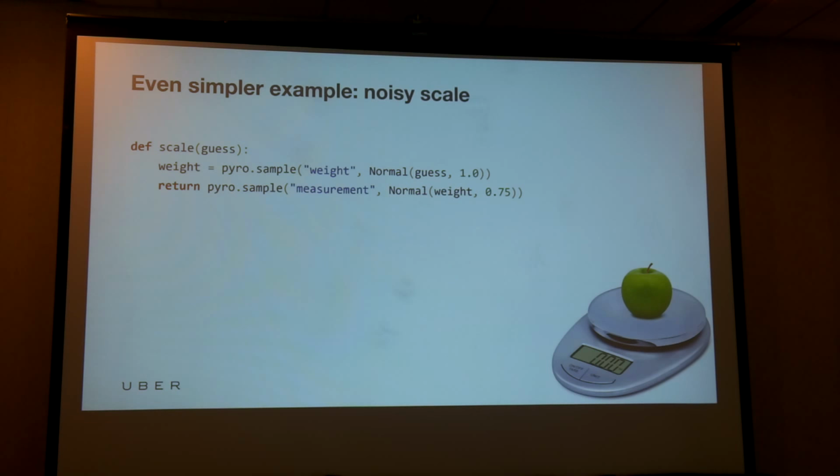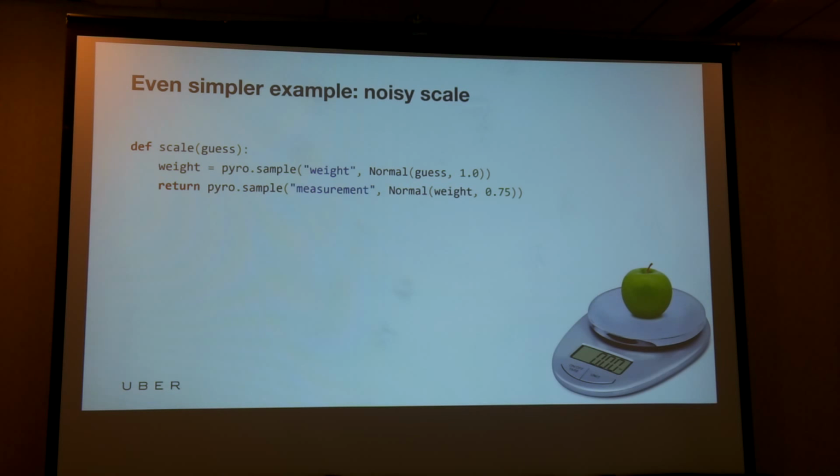And I'm going to do that with this even simpler example of attempting to weigh fruit with a rusty kitchen scale, a noisy scale. So in this example, imagine that you have a kitchen scale like the one in the picture here, and when you place the same piece of fruit on it, it keeps giving you different numbers. But maybe you're attached to the scale, or you're just cheap and you don't want to get a new scale, and so you still like to use your broken scale.